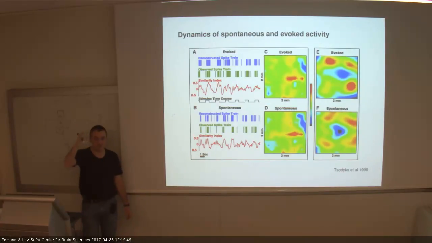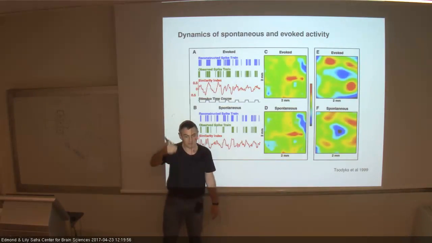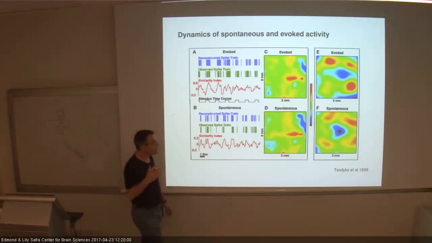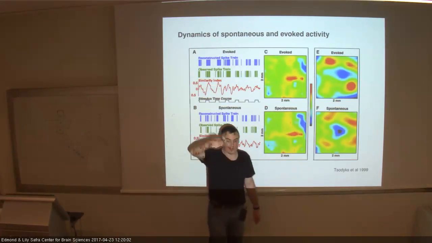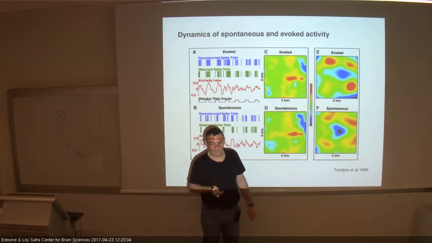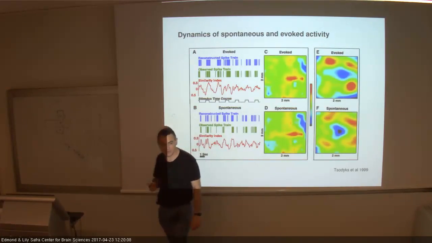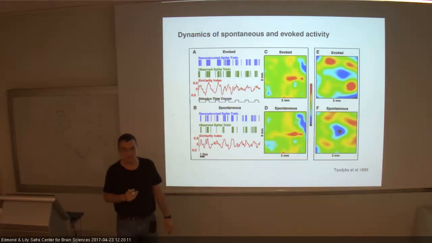If you present the same stimulus again and again and again, you see more or less the same response. At the macroscopic level, you see the same response. The spontaneous activity changes all the time, but it changes in a way that resembles the evoked activity. So it looks as if you presented to the brain changing stimuli, real stimuli.